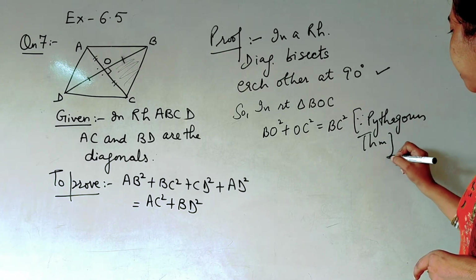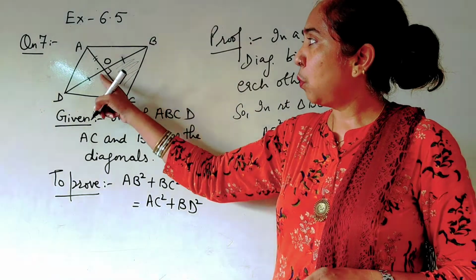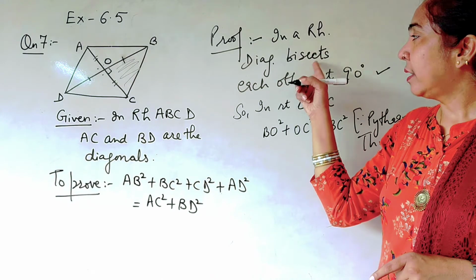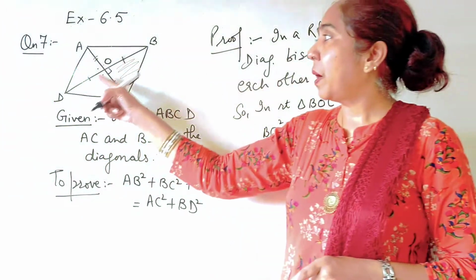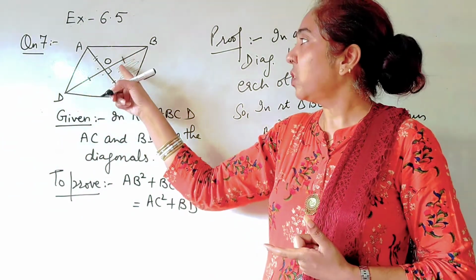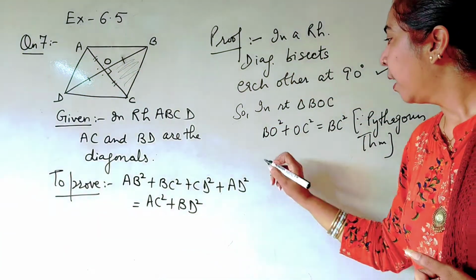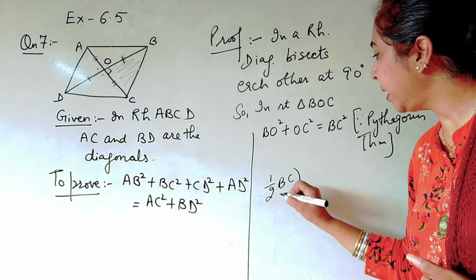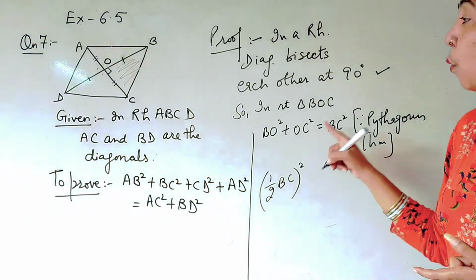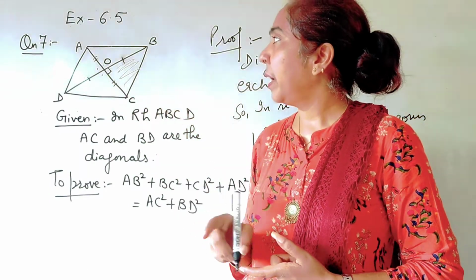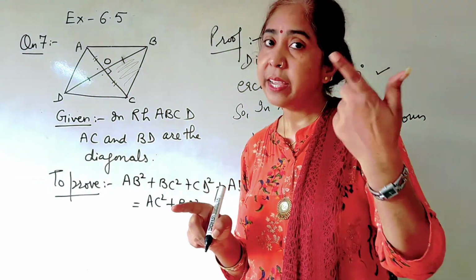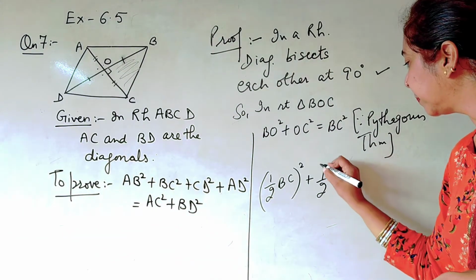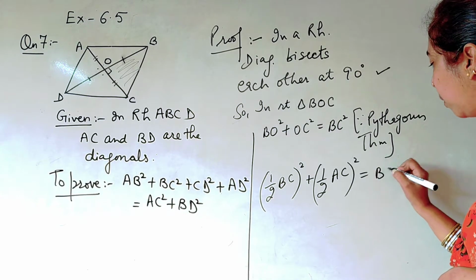Now, can I write this BO as half of BD? As we have written here, diagonals bisect each other, and these two parts are equal. So I will convert BO into half of BD, and OC we can write as half of AC, equal to BC square.